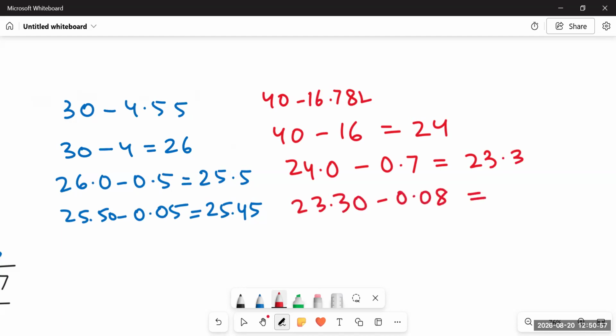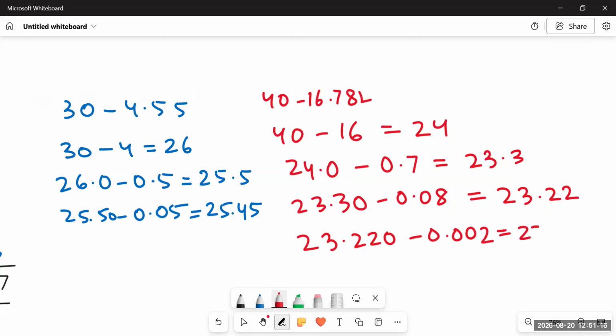So it's 2330 minus 8, which is 2322, and then 23.220 minus 0.002. So we have to subtract 2 from here, and we are going to get 23.218. This will be the final answer.